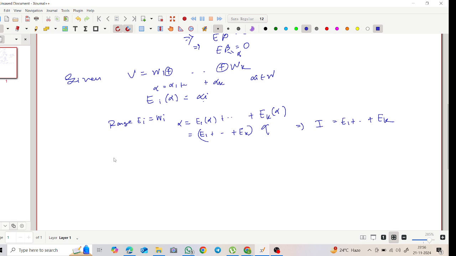And what about Ei Ej? So suppose Ei Ej of alpha. So what is Ei of Ej alpha? That is nothing but alpha j, right? Where alpha is alpha 1 to alpha k. But what is Ei alpha j? Do you remember what is the kernel of Ei? That is this, as I wrote it down.